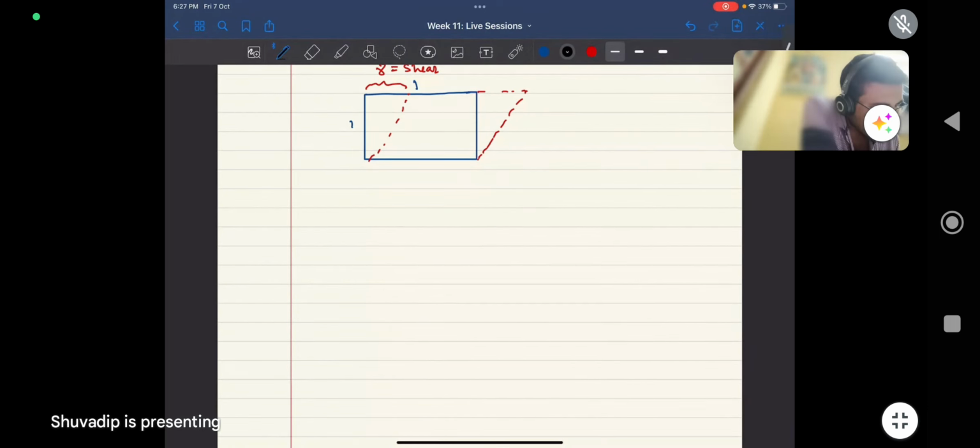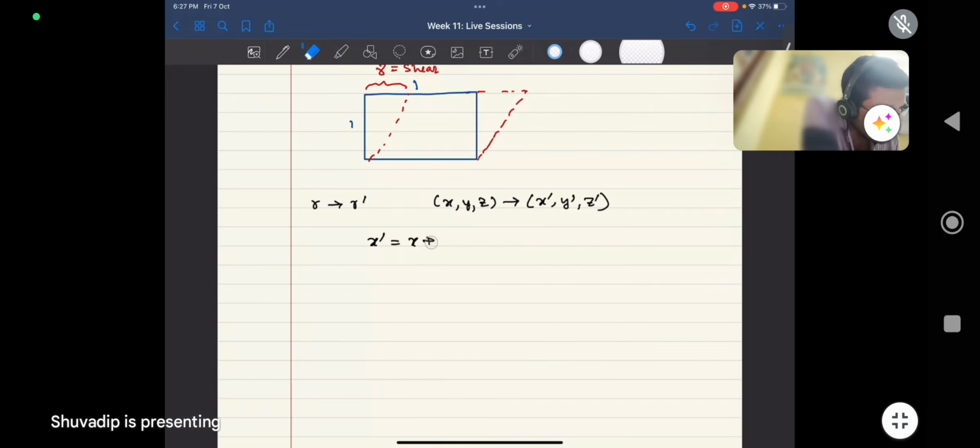So whatever point coordinates are, they are transformed to r prime. So x, y, z are transformed to x prime, y prime, z prime. Now we need a relation between x prime, y prime, z prime and x, y, z. So x prime is x plus gamma into y.